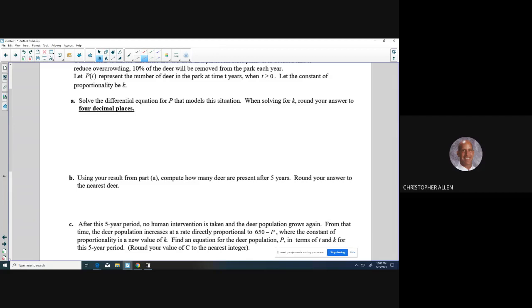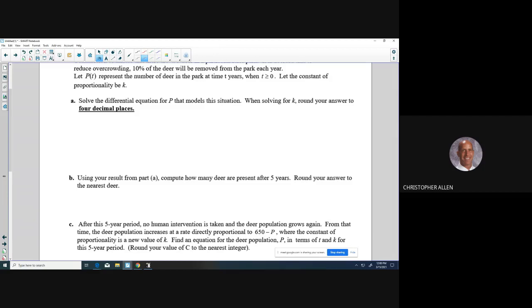The Wild Game Commission estimates that 495 deer are in a particular state park. It wants to reduce overcrowding. So 10% of the deer will be removed from the park each year. Let P of t represent the number of deer in the park at time t, which is in years, and let k be the constant of proportionality.